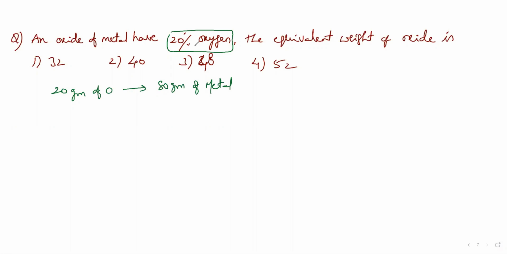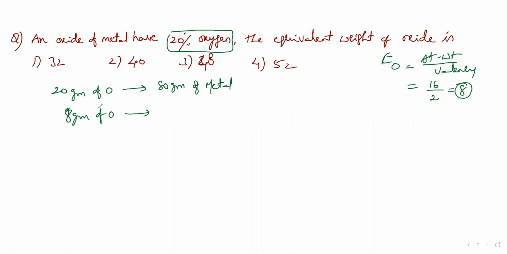Then what is the equivalent weight of oxygen? How to calculate equivalent weight? The equivalent weight of oxygen is its atomic weight by valency. The atomic weight of oxygen is 16, valency is 2, so that is 8. So 8 grams of oxygen is present with 80 grams of metal for every 20 grams.